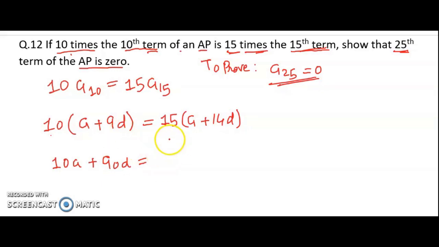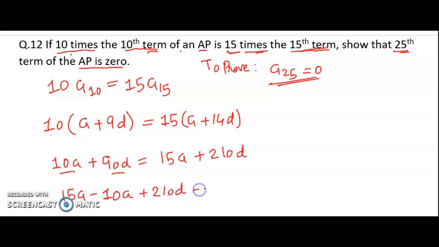On this side, 15 multiplied with a is 15a plus 15 multiplied with 14, so we get 210d. Now if you take 10a and 90d to the right hand side, then we get 15a minus 10a plus 210d minus 90d is equal to 0.